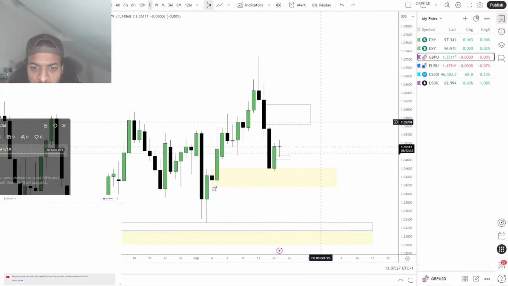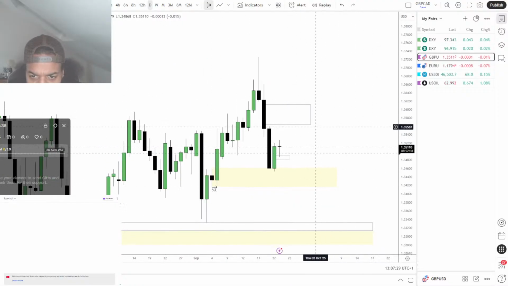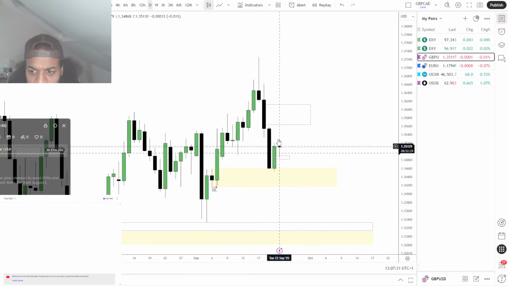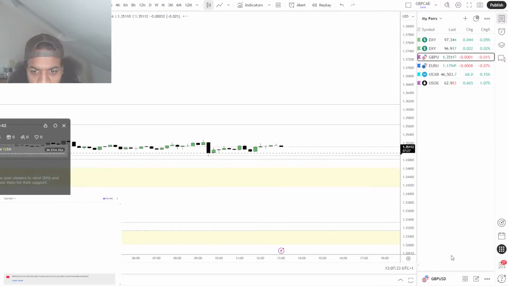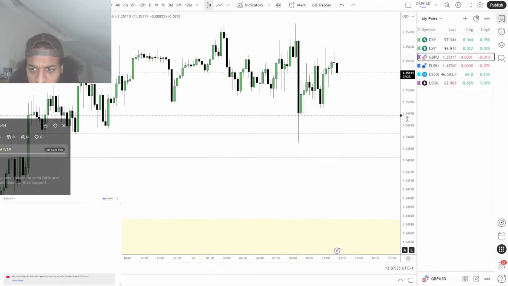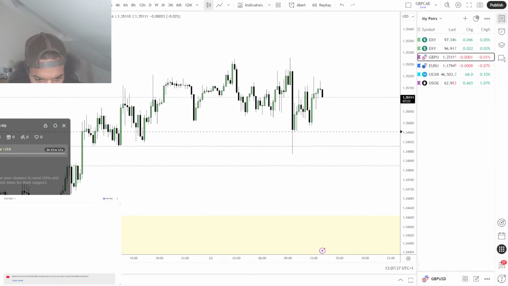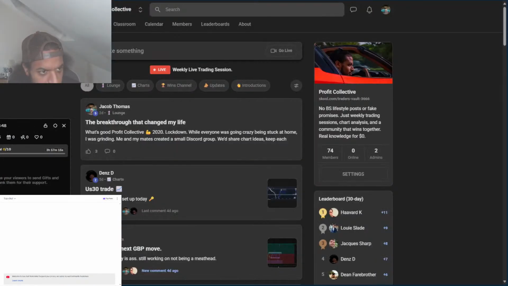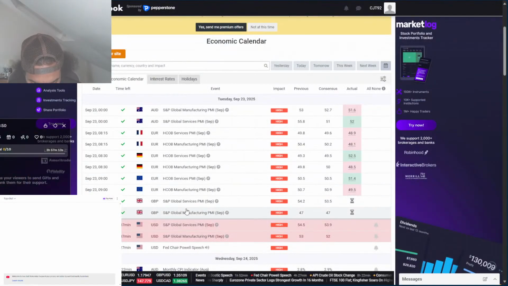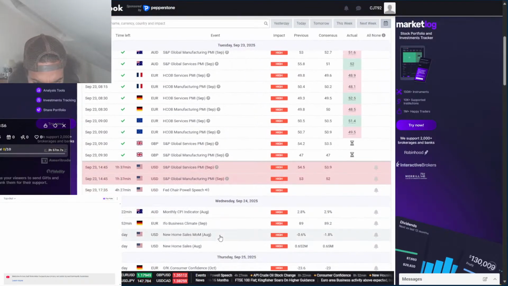So I want to sell from above basically. But this will be a good area to potentially buy. So I'm looking at potentially buying this too. What news is there this afternoon? Got PMI, Fed Chair Powell speech.